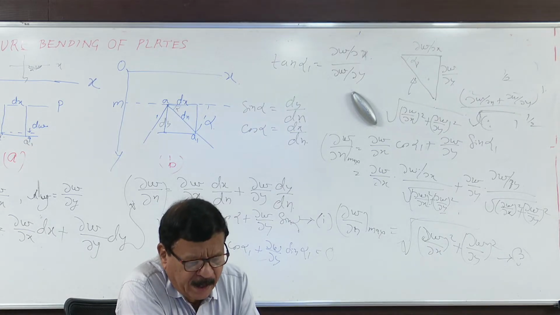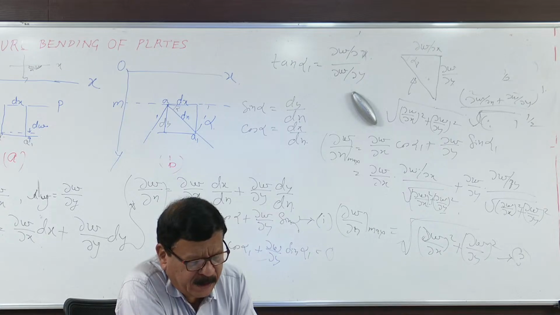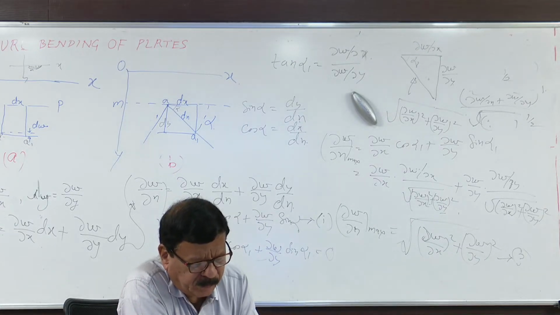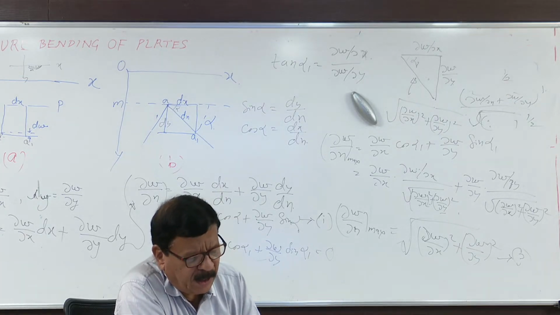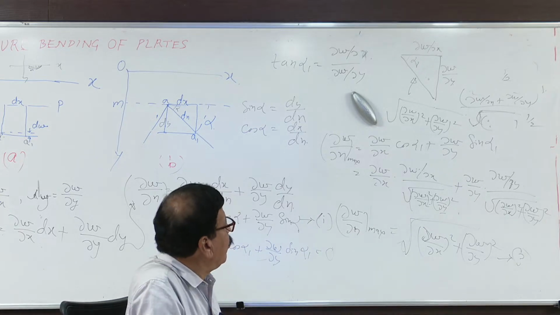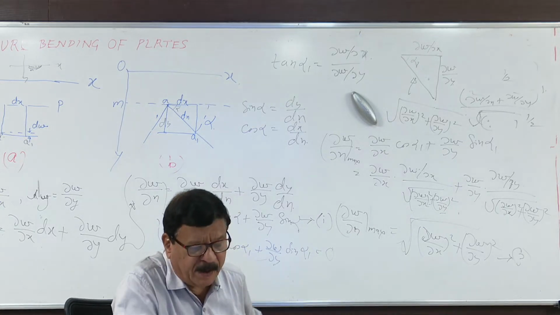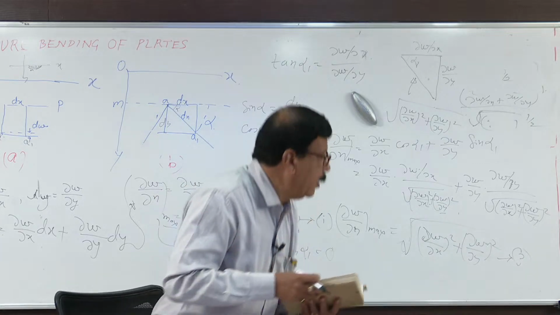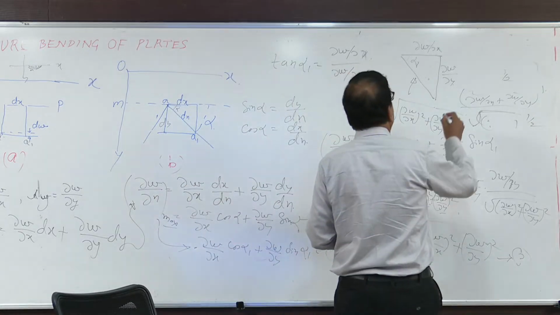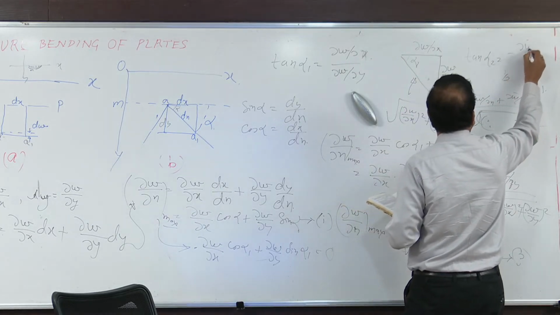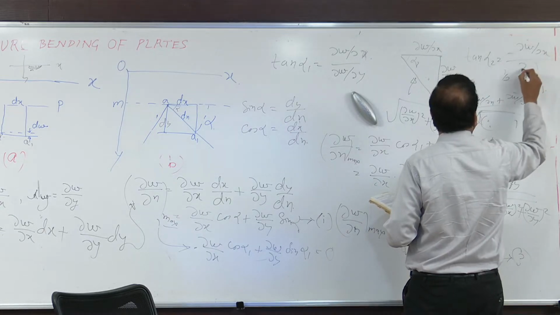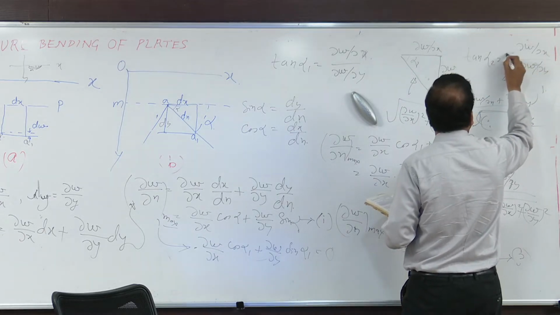The corresponding angle alpha 2 is determined from the equation tan alpha 2 is equal to minus del w upon del x, del w upon del y. Yes, write it: the corresponding angle alpha 2 is determined by del w by del x, del w upon del y with the minus sign.